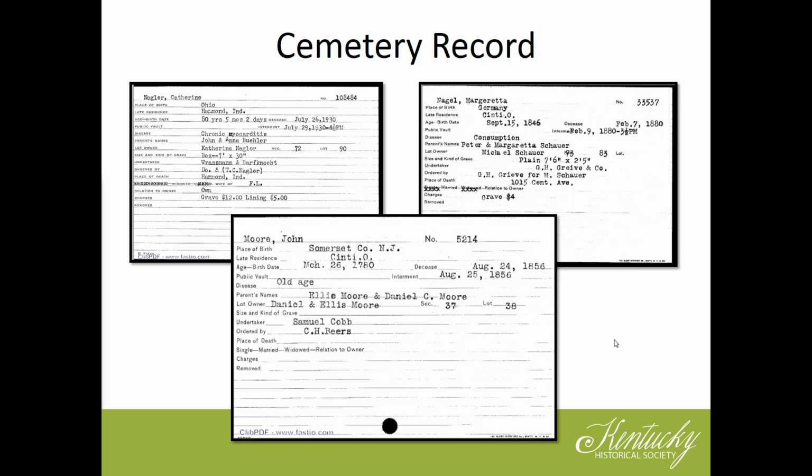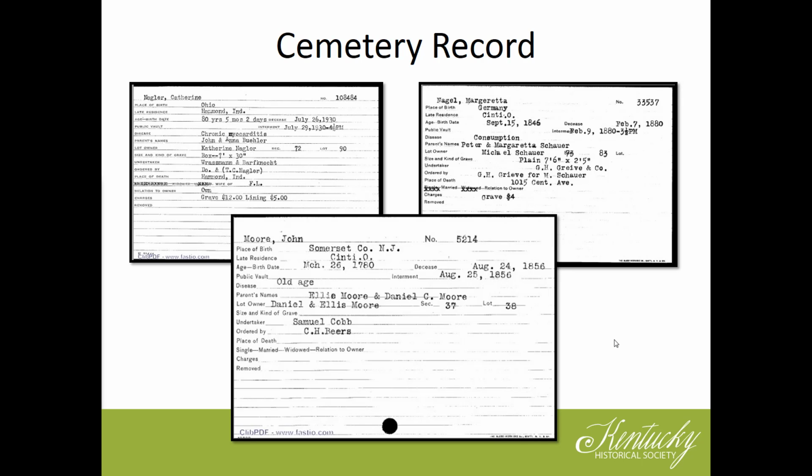And so many of them, if they died single, they died young, or even older, we don't always know the genealogy of some of those early immigrants that came in. These cemetery records actually are spelling out, in many cases, not all, but in many cases, they will spell out the parent's name of the deceased, which is amazing.